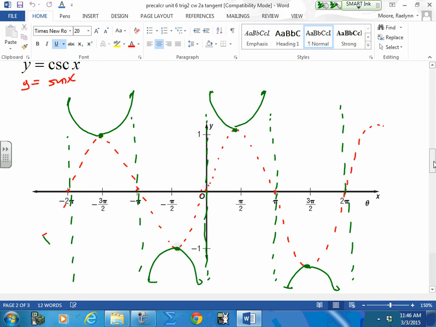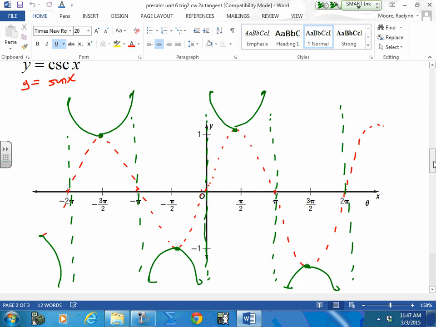And again, down here, you draw your reciprocals. You start with your basic curve. Find your asymptotes. Your asymptotes are where they cross the x-axis. Because if you flip 0 over 1, you get undefined. And it's the opposite of what my sine needs to be.